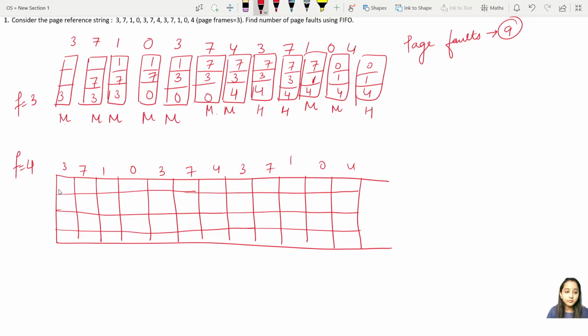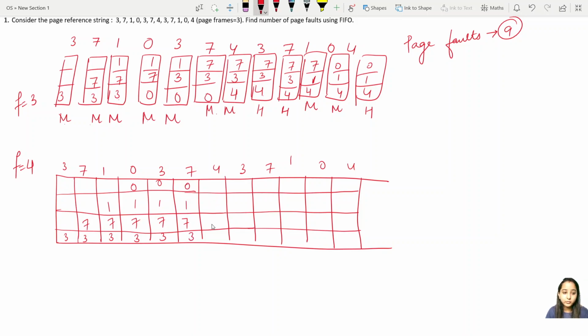So I will add 3 here. Then after 3, 7 will be added. After 7, 1 came, here 0 came, here 3 is already there, so I will not replace here. 7 is also already there, so it will not be replaced.